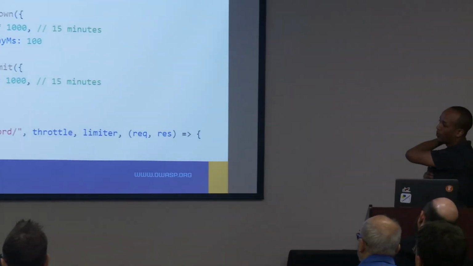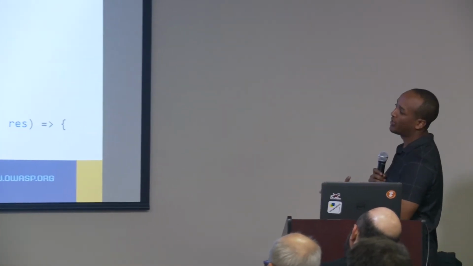When we pair them up, a user that sends too many requests will be delayed by 100, 200, 300 milliseconds all the way up to the 10th request, after which the request will be denied with a 429 error.